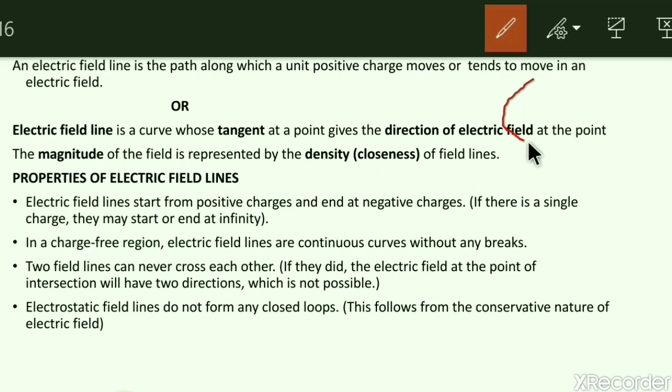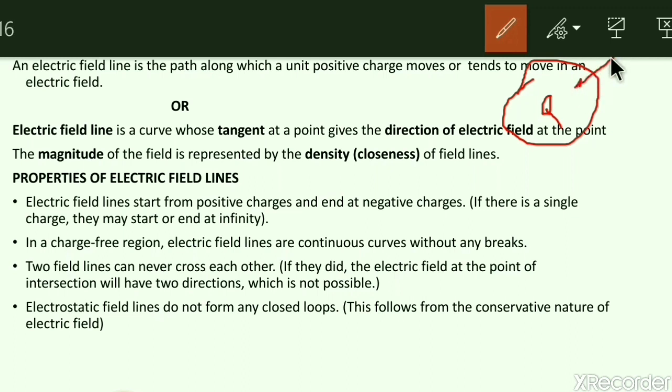See, if there is an electric field due to some charge Q, capital Q, that is the source charge, and you keep a charge or an electron which is free in this region, it should be a small test charge. If you keep it here in this region, if it is free, it will move, or it tends to move.